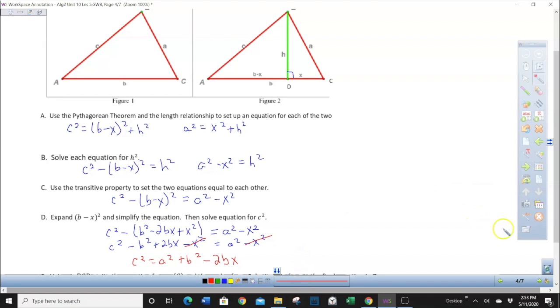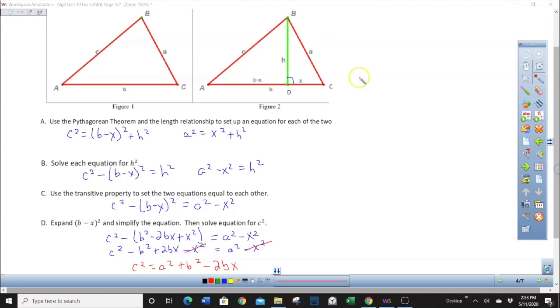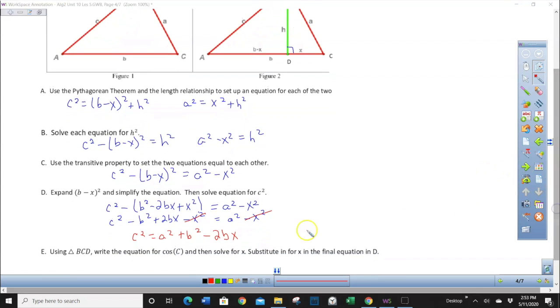Okay. So now it says using triangle BCD, write an equation for cosine of C and then solve for x. So let's go back up here. This is triangle BCD, and it says write an equation for cosine of C, so we're going to do cosine C equals, and cosine is adjacent over hypotenuse, so that's x over a.